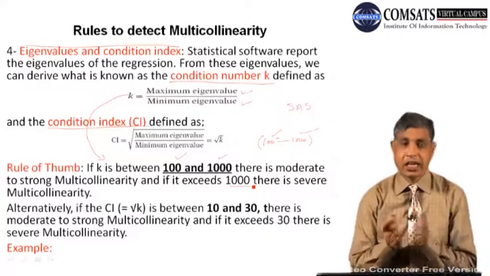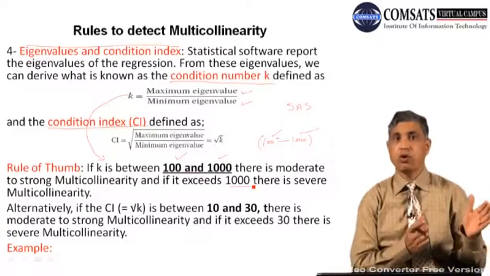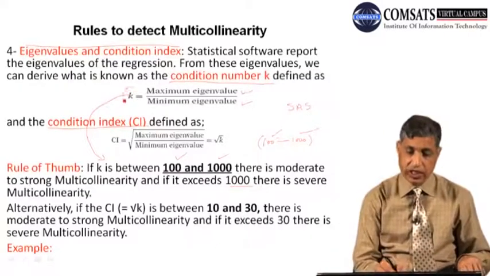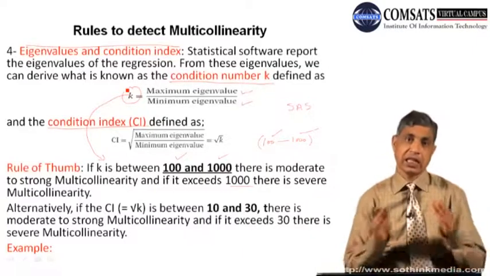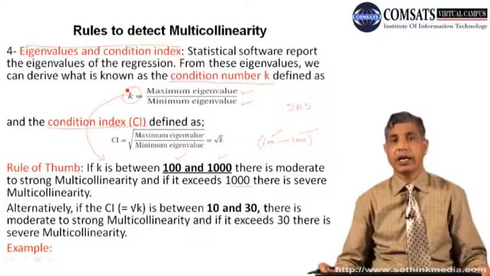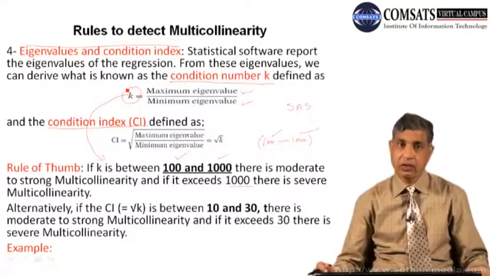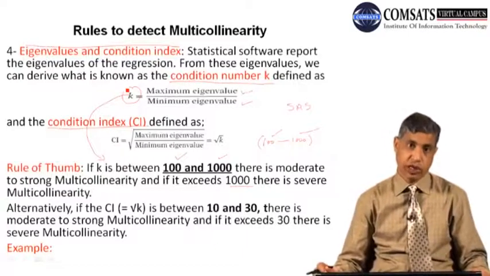So indirectly it is also like a confidence interval, where we say there is a lower bound and an upper bound. If we are concentrating on k, the condition number, then this interval is between 100 and 1000. The more you are near towards 100, there is moderate multicollinearity.